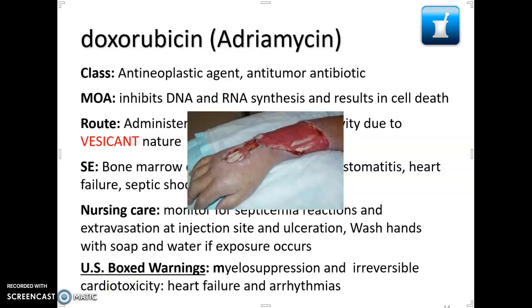So you want to make sure that when you're giving this to your patient, that you know what the maximum lifetime dose is, and it's based on the patient's weight and age and sex and all that kind of stuff. And you want to make sure that before you give the medication, that's been checked and is verified. Because it causes cardiac toxicity, it can also cause arrhythmias and heart failure. It really just destroys the heart muscle.